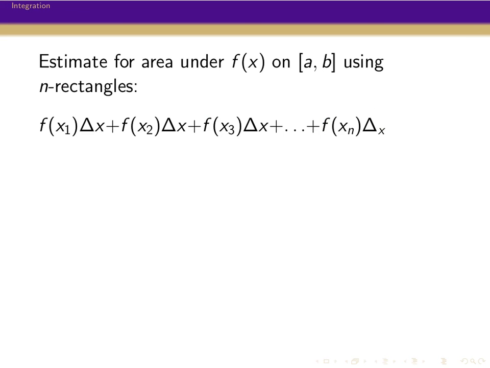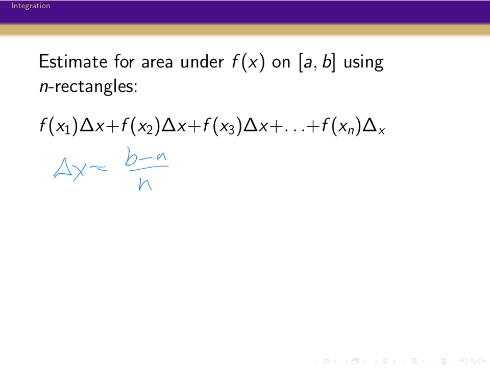Okay, so this is what we talked about in the last video. Given a function, we're trying to find the area underneath it down to the x-axis, between x equals a to x equals b, and we're going to do this using n rectangles. So this is breaking up a to b into n lengths, where delta x is equal to (b minus a) over n.